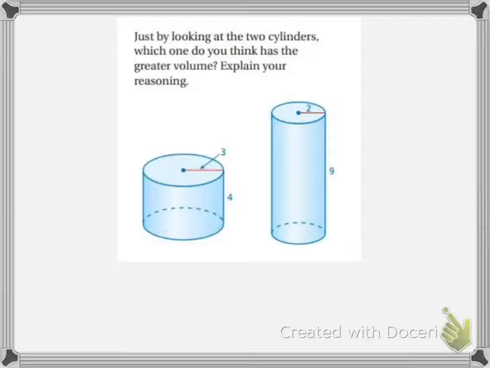Hopefully you've decided which one you think holds more. What we're going to do is find the volume of each one. Remember that the formula is V equals BH. And just to practice, the base is this circle, but when it's BH, there are two bases.